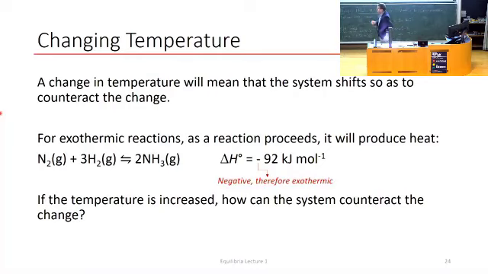So Haber, Fritz Haber was the German chemist, a German Jew, who was a brilliant scientist, and his understanding of the equilibrium chemistry of ammonia led to this.